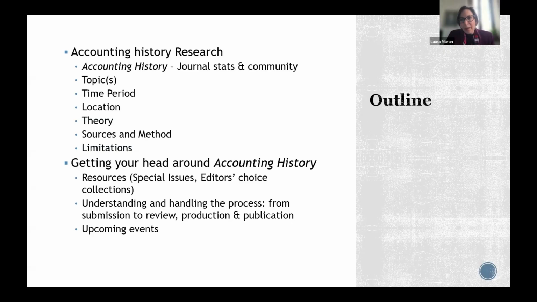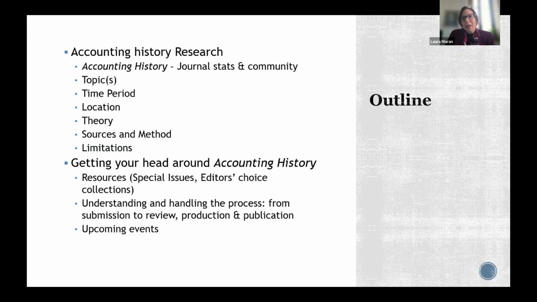So the first part is really about the common thinking that publishing for a journal in a specific field like accounting history also means publishing for a community and having to demonstrate that you are part of that community.